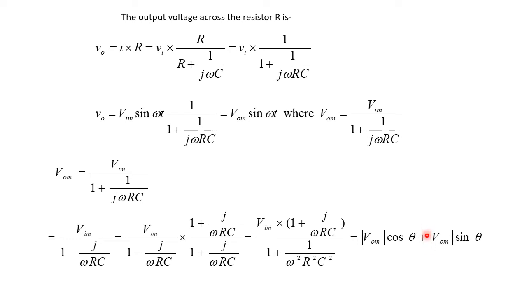So it should be j at this point. The second term will be the imaginary term, which is j Vom sin theta, and this is the real part Vom cos theta. So this is the general expression for the output wave, and this is the actual expression for the output wave.